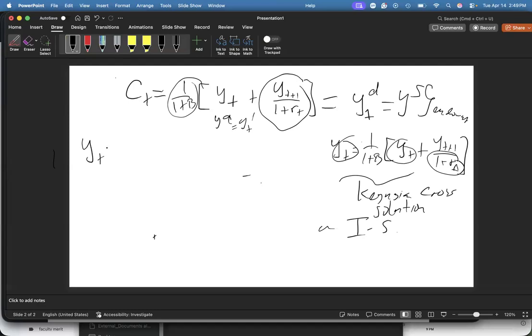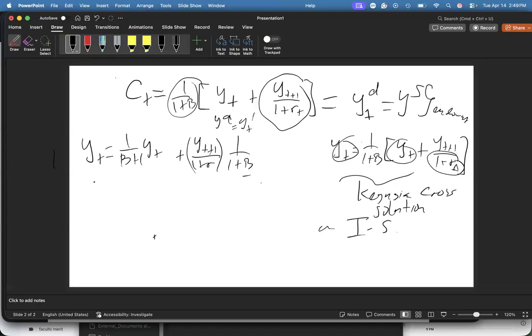Yt equals 1 over beta plus 1 yt plus 1 over 1 plus r, but this one is also over 1 plus beta. So we have the common yt here, so you can move it to the other side.